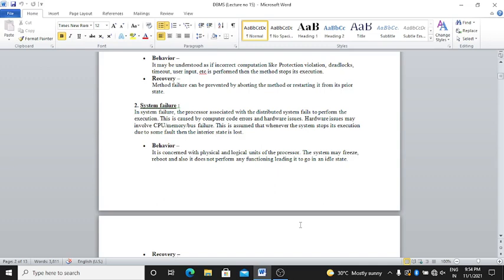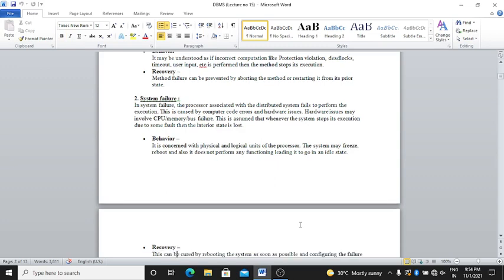It is assumed that whenever the system stops its execution due to some fault, the internal state is lost. Behavior is concerned with the physical and logical unit of the processor. The system may freeze, reboot, and not perform any function, leading it to go into an idle state.